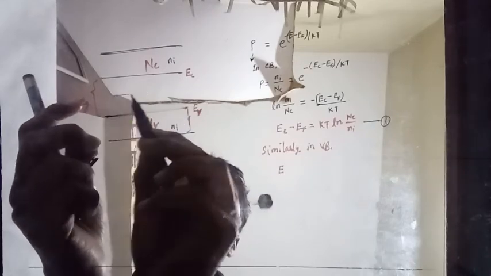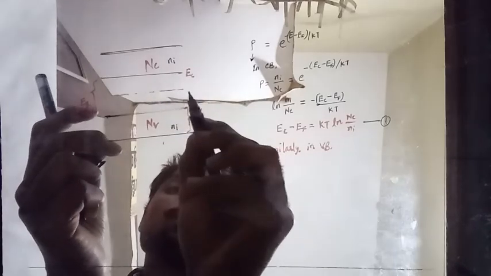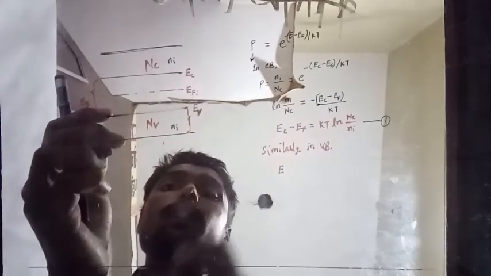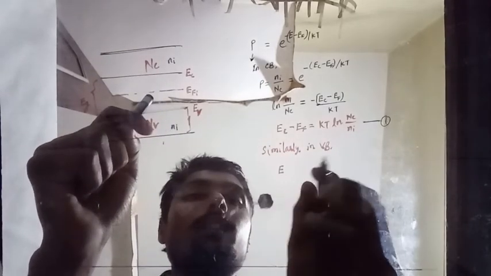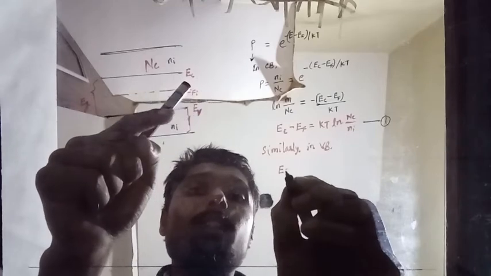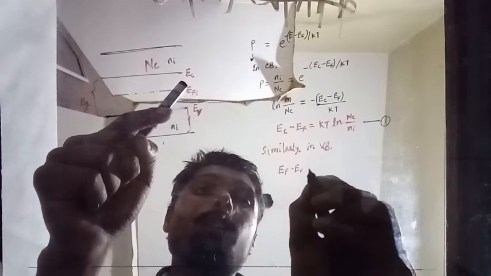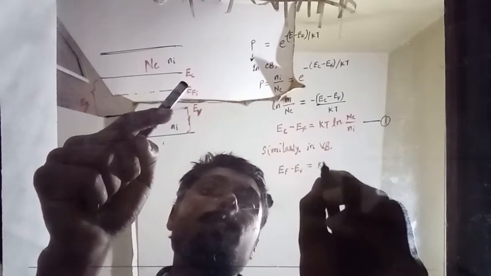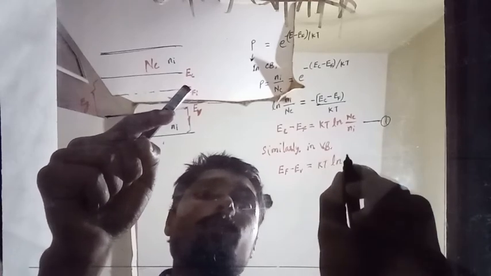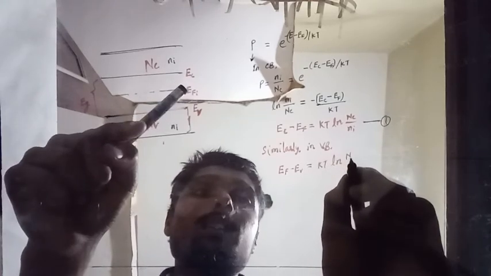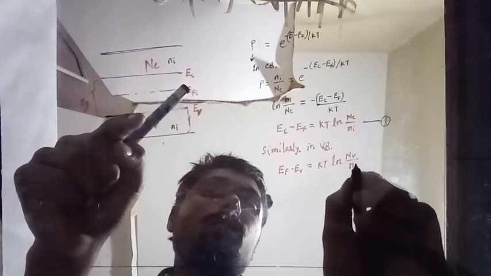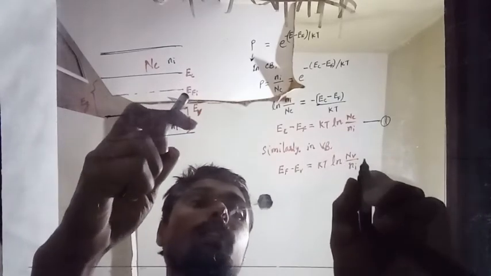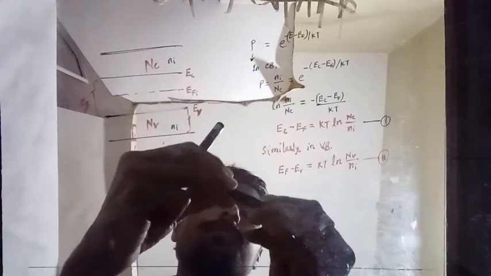The Fermi level EF is greater than Ev in an intrinsic semiconductor. So EF minus Ev will be equal to KT ln Nv upon Ni, where Nv is the total vacancies and Ni is how many holes there are. Alright, this is our second equation.